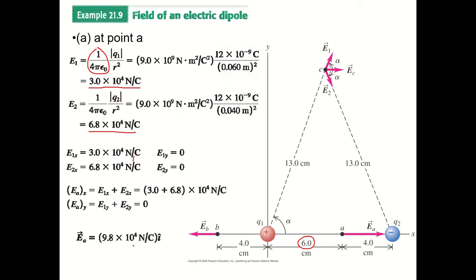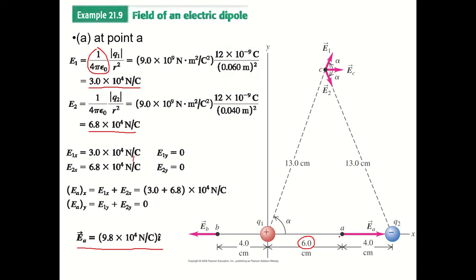When you add this, 3.6, so that is 9 point something, 9.8 times 10 to the 4 newton per coulomb. This indicates our i component, the x component. We are supposed to have a j component here, but this is 0. So this is our resultant electric field on the x-axis at point A.